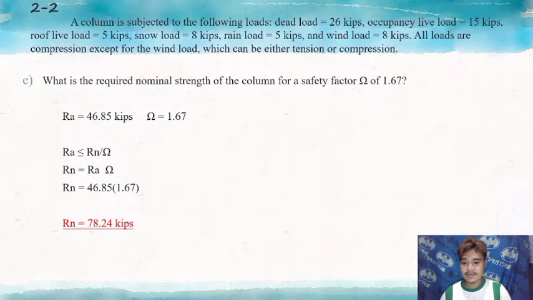The given required strength is 46.85 kilopascals and our safety factor is 1.67. To solve for the required nominal strength, we multiply the required strength by the safety factor, 46.85 times 1.67, which gives a required nominal strength of 78.24 kilopascals.